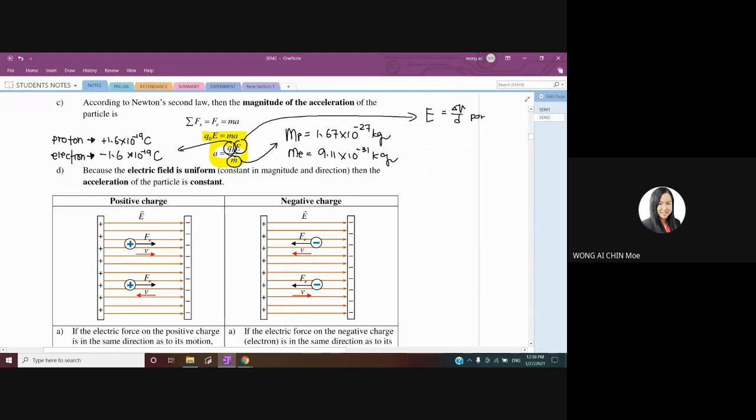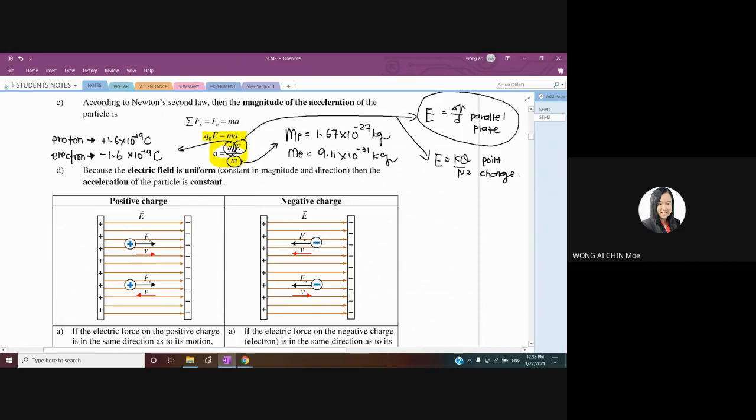So this is for the case of a parallel plate. We also have another E, E equals kq over r squared. This one is for a point charge. So for a parallel plate, we use this equation.